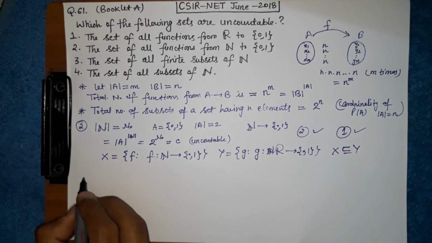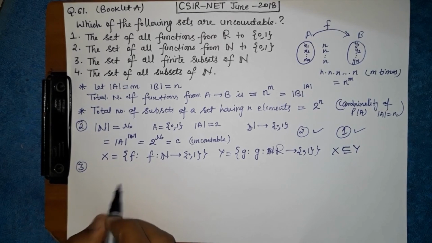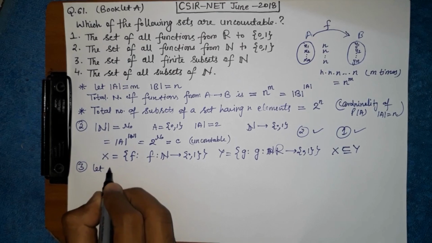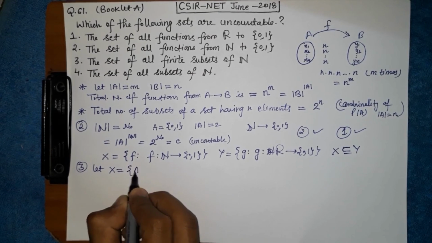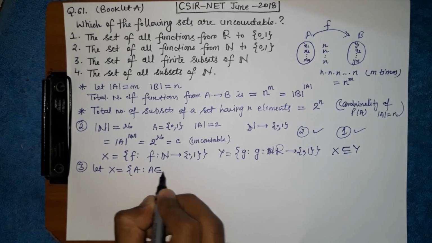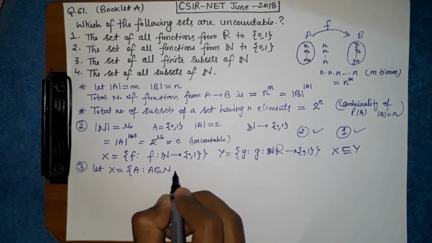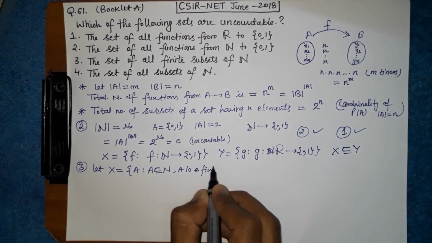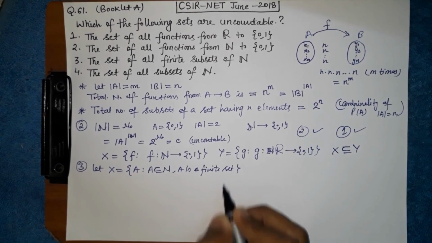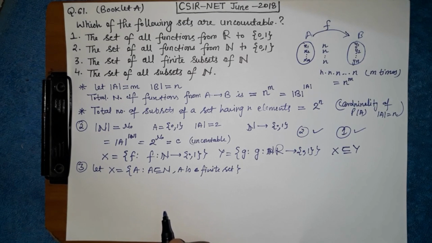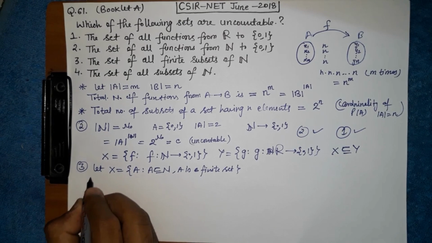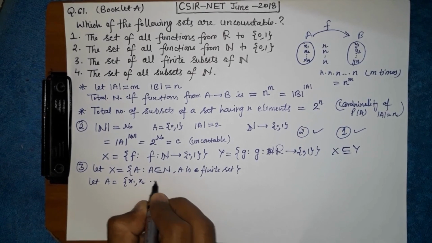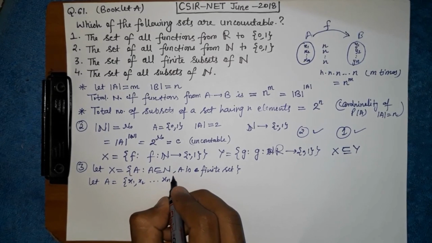Now we look at option number 3, which says the set of all finite subsets of N. So let X be equal to {A such that A is a subset of N, A is finite}. So A is a finite subset of N. So we can write, let A be equal to {x1, x2, up to xn}, where n is a finite number.